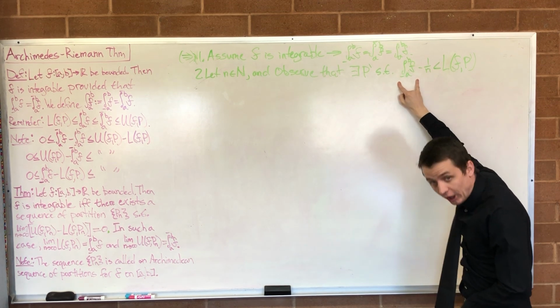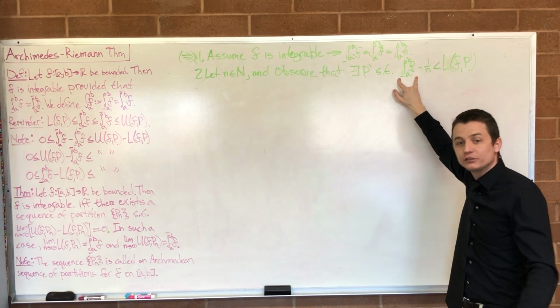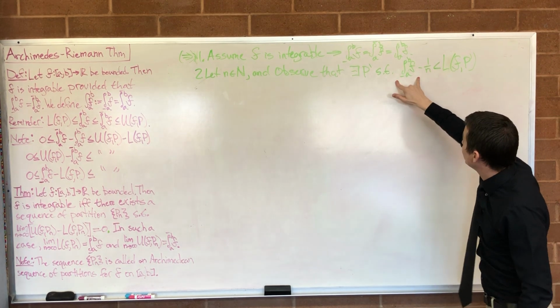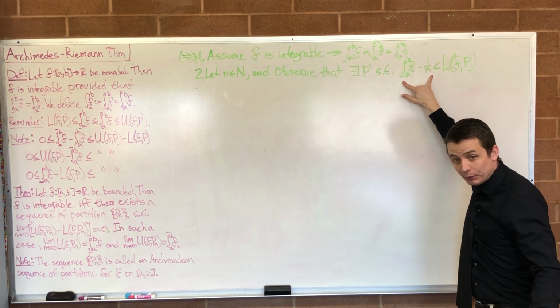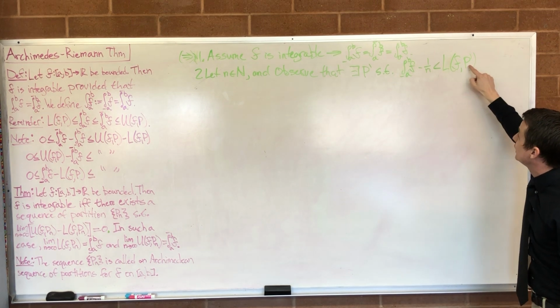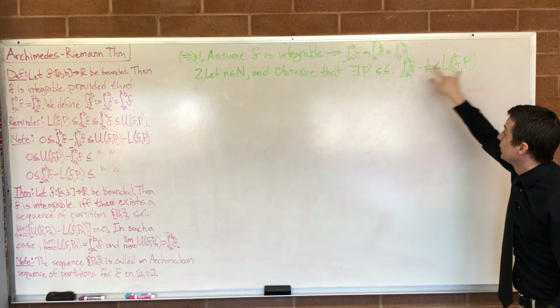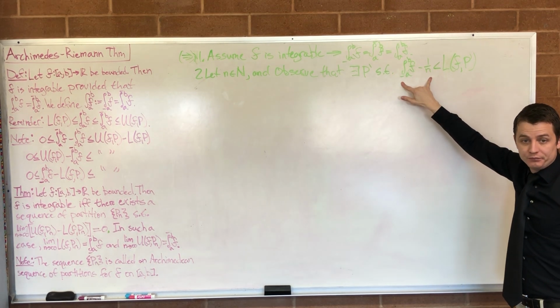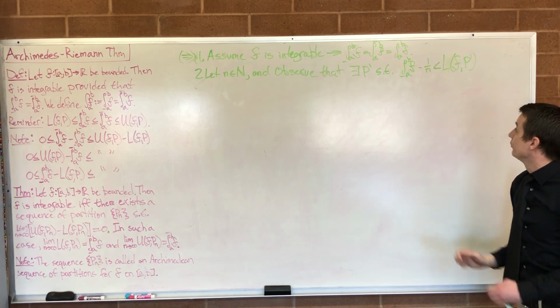Furthermore, it's the least upper bound, meaning any number smaller than this is not an upper bound for all lower Darboux sums. So this minus 1 over n is not an upper bound for all lower Darboux sums, which means that there is some partition out there such that that lower Darboux sum gives me a number bigger than this. Does all the logic there make sense? Wonderful.